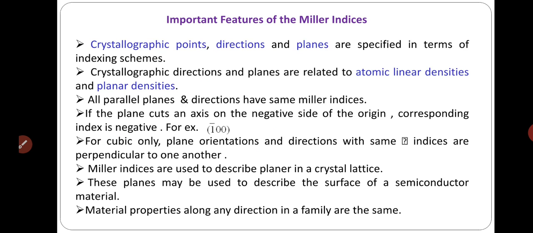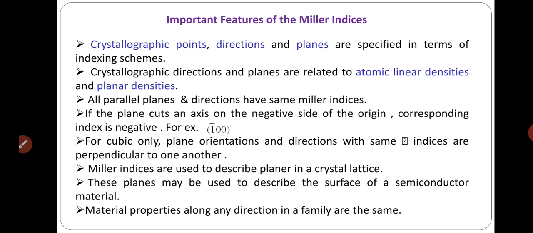Okay, now the important features of the Miller indices. Crystallographic points, directions, and planes are specified in terms of indexing schemes. Crystallographic directions and planes are related to the atomic linear densities and the planar densities.